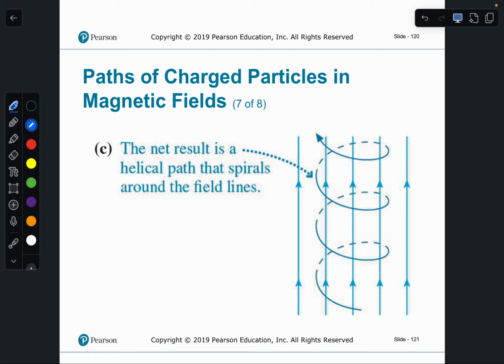It's stretching out that circle. So you're going to get helical spirals. That's for when you have two components of the velocity, one parallel to B, creating the height of this helix, because you have a V parallel, and then the V that's perpendicular to B is causing the circular motion.